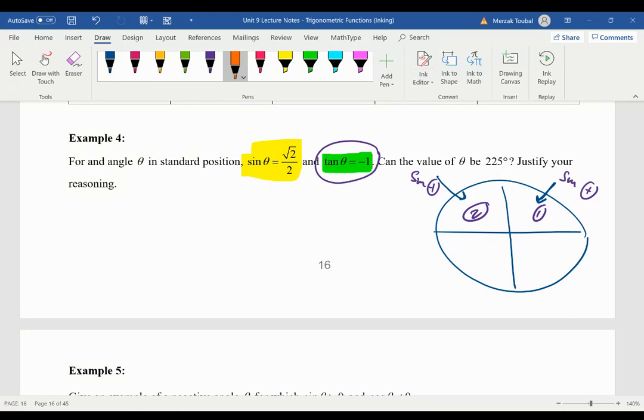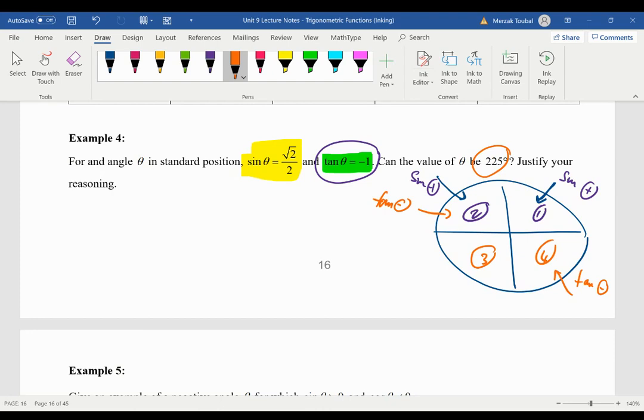We said the tangent is negative on quadrant 2, and also the tangent is negative on quadrant 4. And this is quadrant 3. Well, here's the problem: the only quadrant where the sine is positive and the tangent is negative is quadrant 2. Not in quadrant 1, not in quadrant 4.